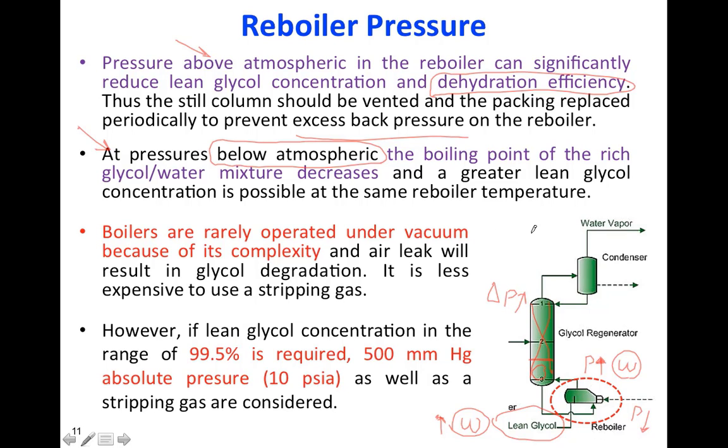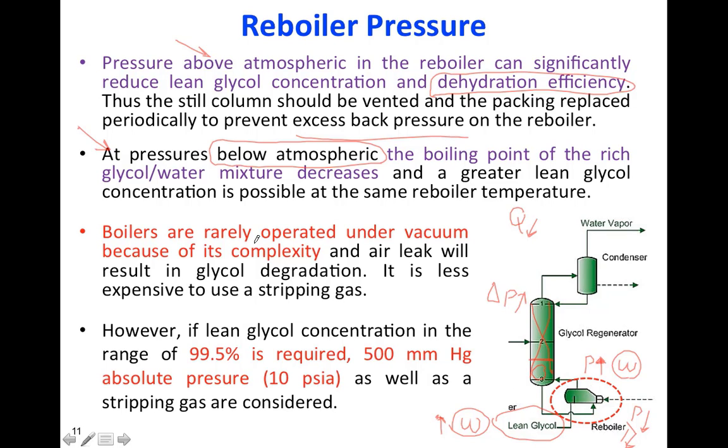Decreasing the boiling point means we need less heat duty for the reboiler at lower pressure, because the boiling temperature will decrease, or we can reach a higher concentration here. But it has also some issues.